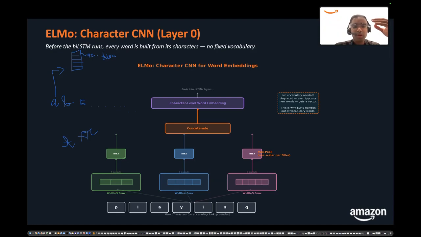So a particular thing to be pointed out over here is that I can train my model on some training data set. On the test set, a new word can come in which was not present in my training corpus, but I would be getting a representation for that particular word too because of the design of my embedding of the word.